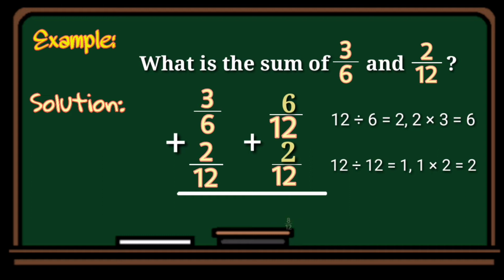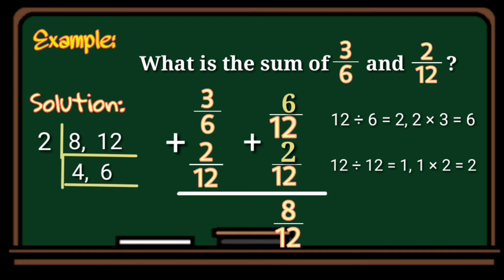Since our answer 8/12 is in a higher term, we can reduce it to lowest term by finding their common factor using continuous division method. So we will use 8/12 as our dividend. And then look for their common factor, the divisibility of 8 and 12, which is 2. So 8 divided by 2 is 4, 12 divided by 2 is 6.